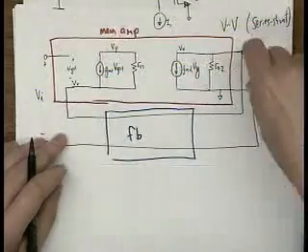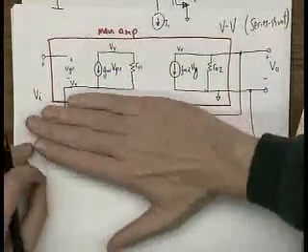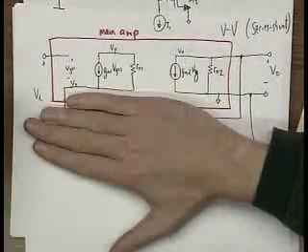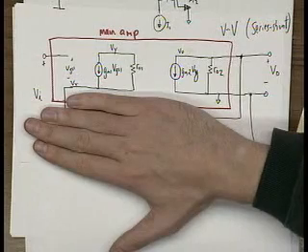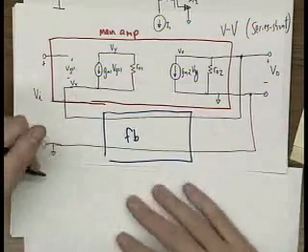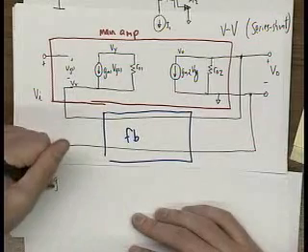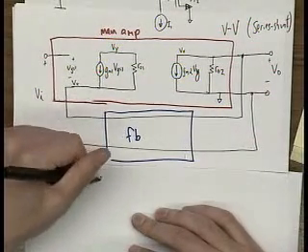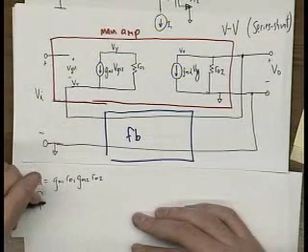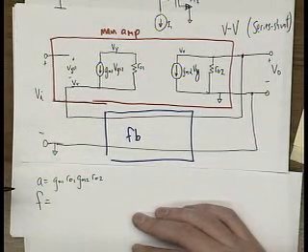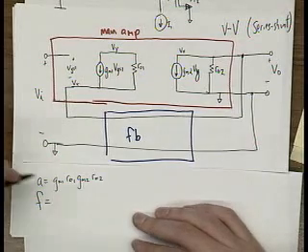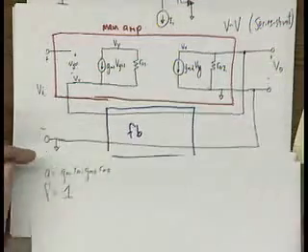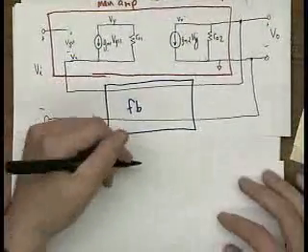Gain from here to here, if you get rid of this loop, it's GM1, RO1, GM2, RO2. Right? No tricks there. So A equals GM1, RO1, GM2, RO2. What's the feedback factor here? 1. Good. Okay, great. So now let's calculate what the closed loop gain is.